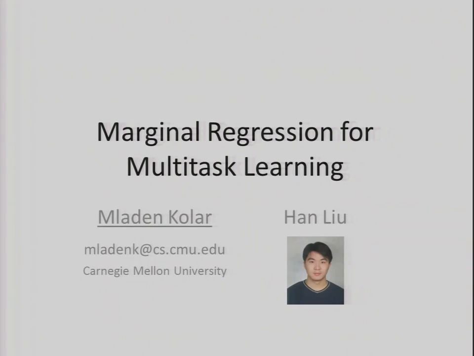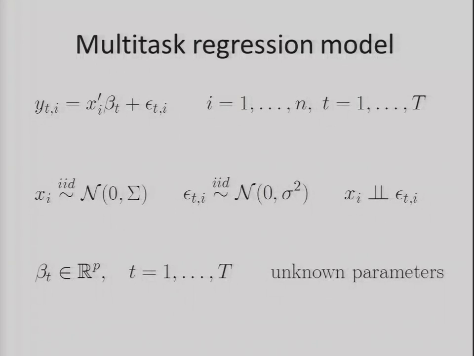So I'm going to talk about my joint work with Han Liu, and this is work on marginal regression applied to multitask regression problems. In this problem, we are going to consider a particular multitask regression problem. So we have n sample points coming from these t regression problems. And so we have xi being a vector of predictors, which is a random vector drawn from normal 0 sigma.